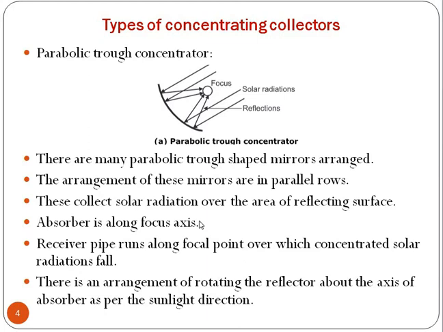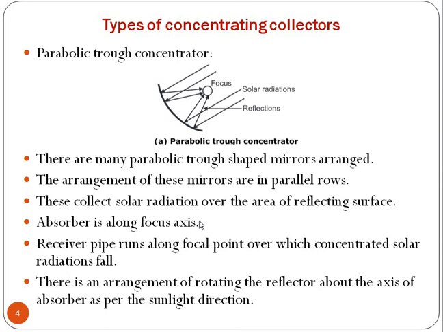The mirrors collect the solar radiations and the absorber is along the focus axis. Wherever all the mirrors concentrate, at that focus point the absorber is kept, and the receiver pipe runs along the focal point over which concentrated solar radiations fall.